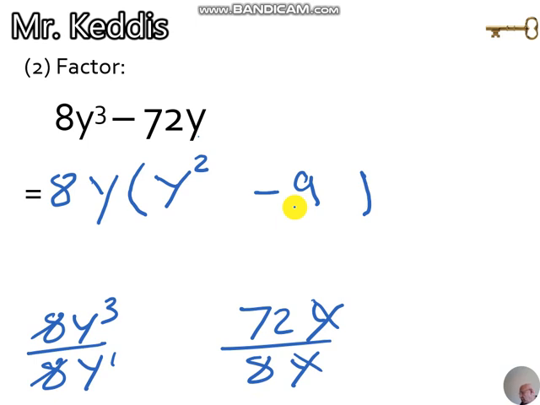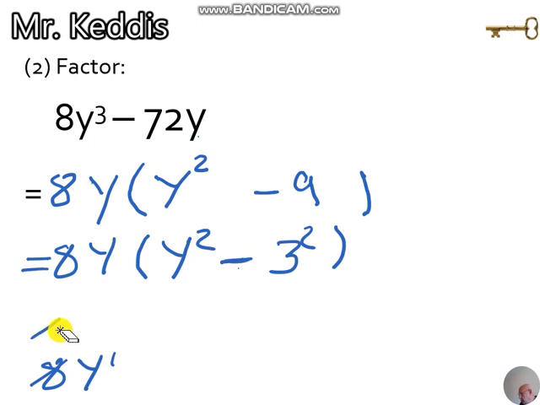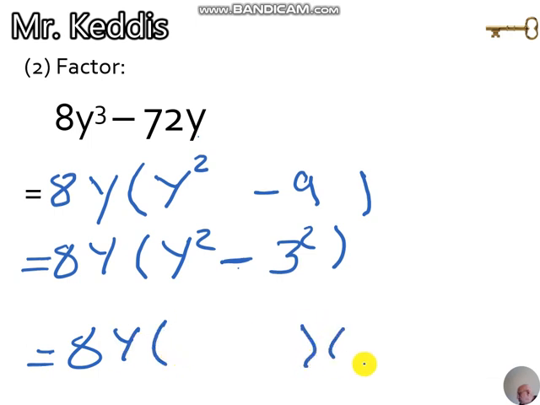And this becomes, equal under equal, 8 under 8, y under y, and y squared minus, I can write 9 as 3 squared. And this becomes the difference between two squares. I can factor this, 2 big brackets, one negative, one positive, here y minus 3, and here y plus 3.